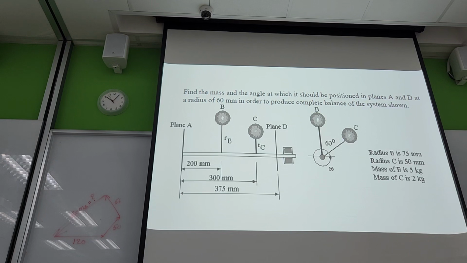So mass B is given, mass C is given, radius A is given, radius B is given, radius C is given, then the orientation of the mass is given.